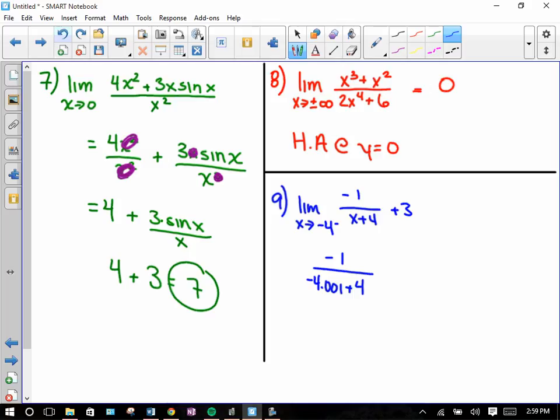Think of it this way: if I'm adding 3 to the y value, in the long scheme of things that's not going to really affect it. So I have negative 1 divided by negative 0.001. Whenever I divide a number by something really, really small, it's going to get really, really big. Negative divided by negative is positive, so it'll be positive infinity.